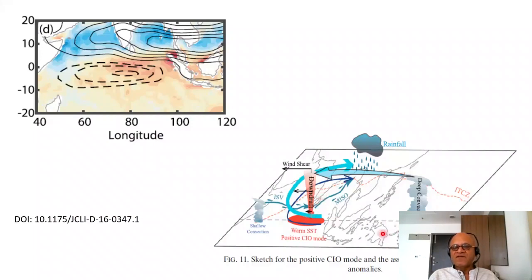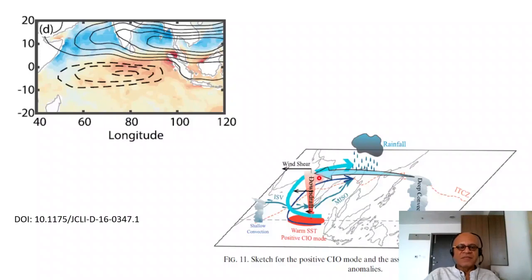So a phase relation between active and break in this direction is proposed, and we also know that there is an active-break kind of connection between the tropics and the Indian subcontinent, because as we saw in the 30 to 60 day mode, when there is convection over the Indian subcontinent, there is subsidence over here. So now you have a story that is connected in the east-west as well as in the north-south.